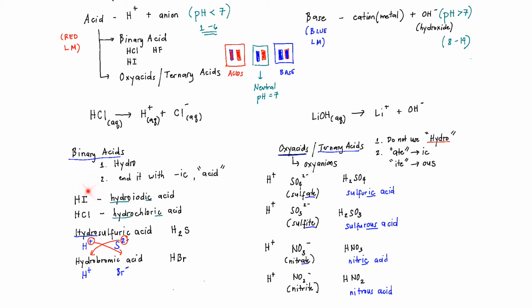And how will you determine a binary acid? There's no oxygen. While for the oxyacids, it will be coming from oxygen ions. Such a good example is sulfate, sulfite, nitrate, nitrite. And from "ate," it will be ending in "ic," and from "ite," it will be ending in "ous."